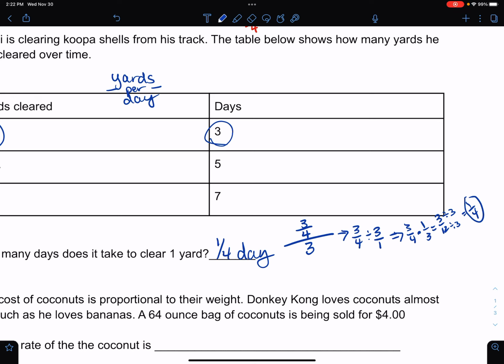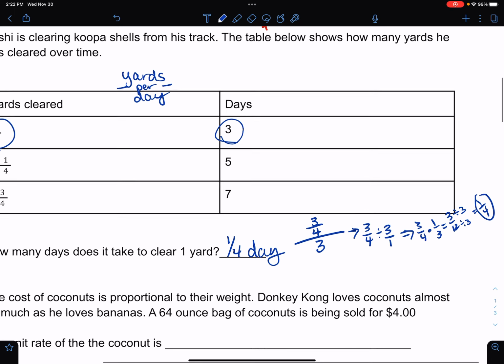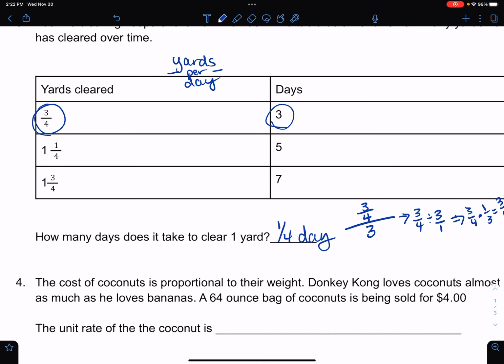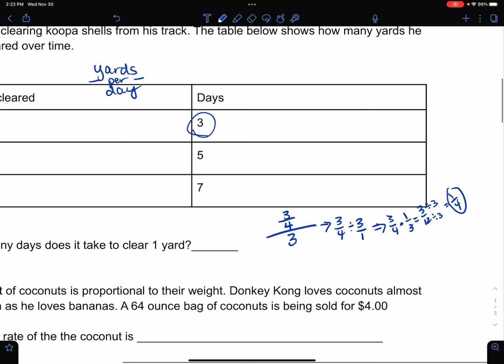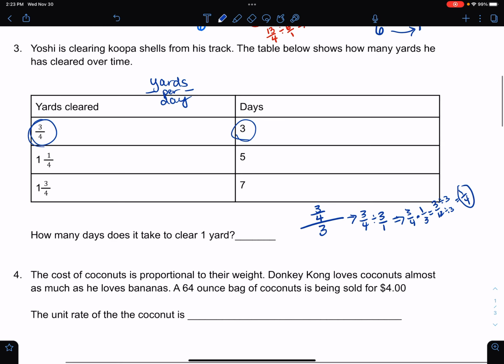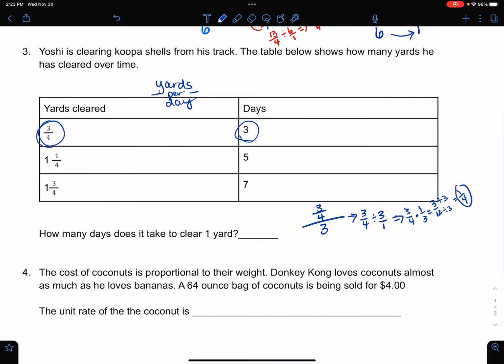I don't like it. Oh, okay. Let's plug it in, guys. I figured it out. We figured out 1/4. Well, let's think about where that 1/4 goes.